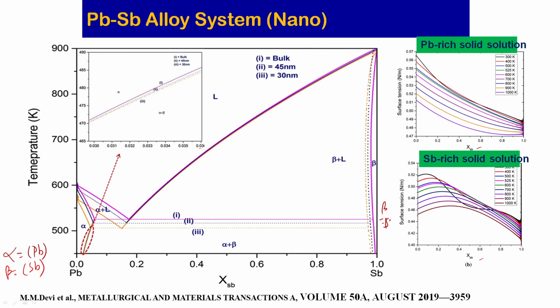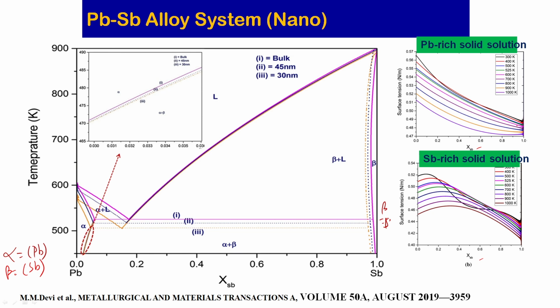Let me just tell you the main aspect of this. The main aspect is that you have to add a surface energy term, and that term is important because your nanoparticles are small.